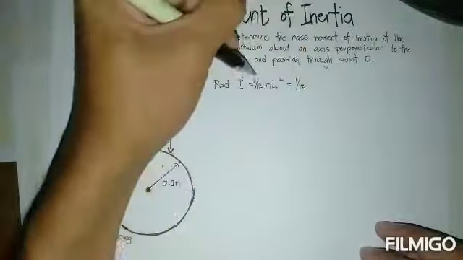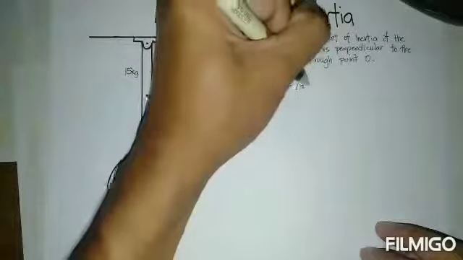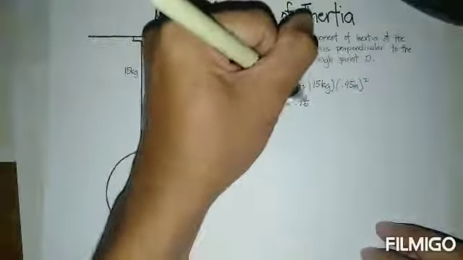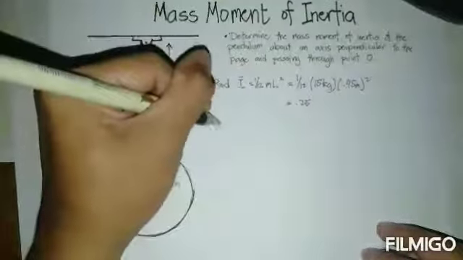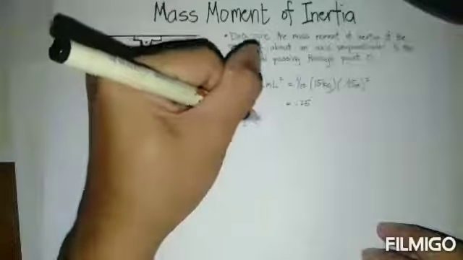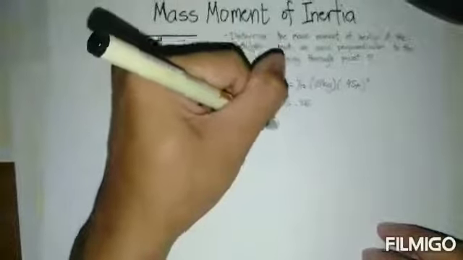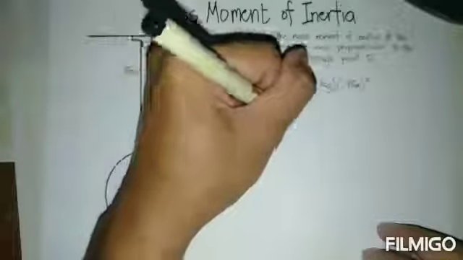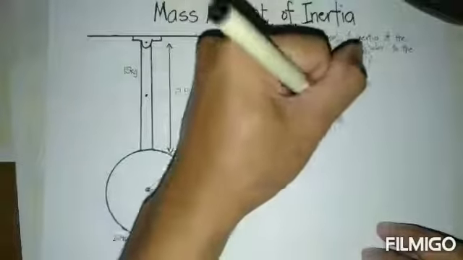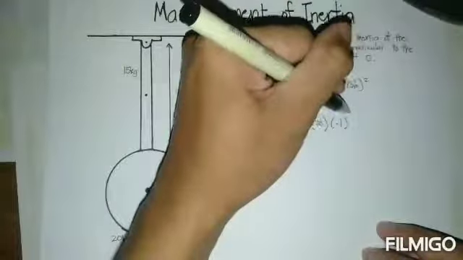That is 1/12 times 15 kilograms times 0.45 meters squared. That would be 0.25. Now for the disk, we have inertia equals 1/2 times mass times radius squared. That would be 1/2 times 20 times 0.1 squared.